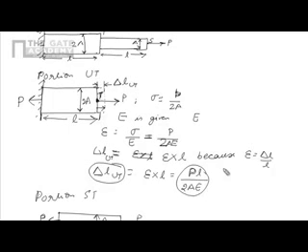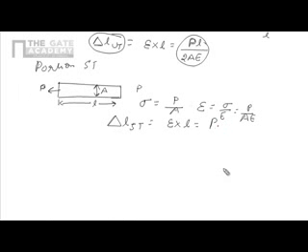And again, because E is given, the strain will be equal to stress upon E, which is nothing but P upon AE. Now the change in length of ST will be equal to its strain multiplied by its length, which is equal to PL upon AE.